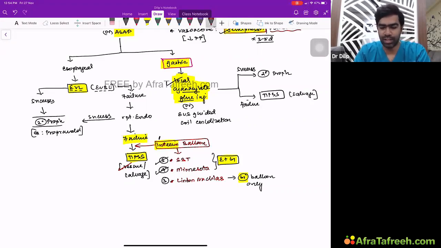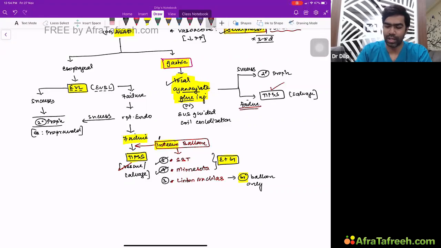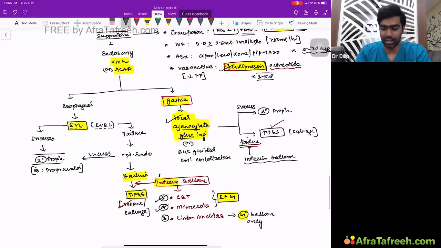Even after a single failed attempt with endoscopy, it's better to take these patients for TIPS. Till you take the patient for TIPS, you can do an interim balloon tamponade, as we discussed previously. Nevertheless, once endoscopy has failed in gastric varices, it's always better to take the patient for TIPS. So this is how you manage a gastric varix.